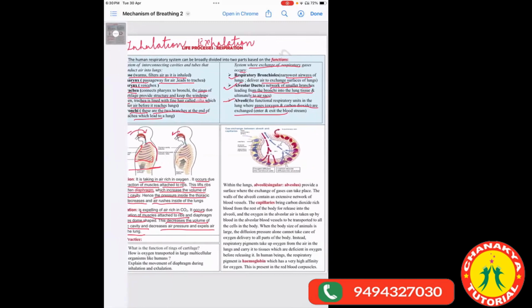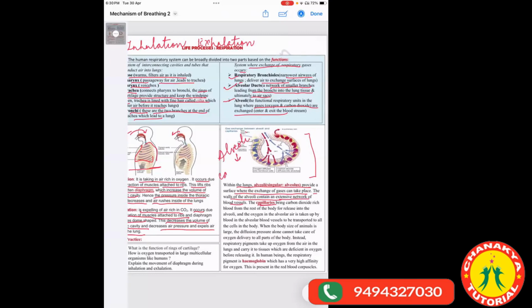This is a very important part. Within the lungs, alveoli provide a surface where the exchange of gases can take place. The walls of alveoli contain an extensive network of blood vessels, which are called capillaries. So you should know, what does the wall of alveoli contain?